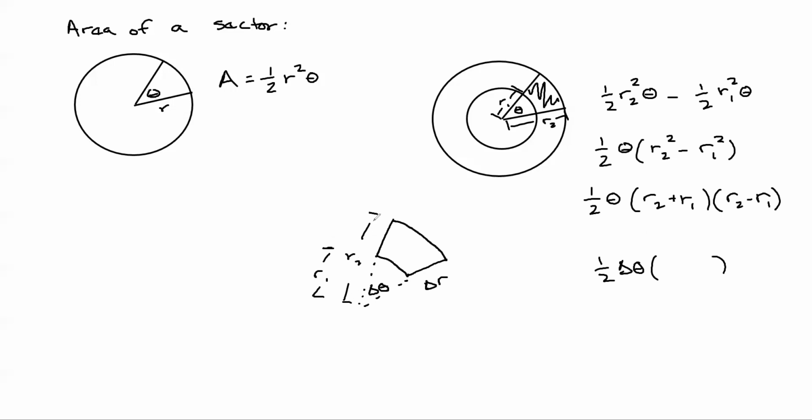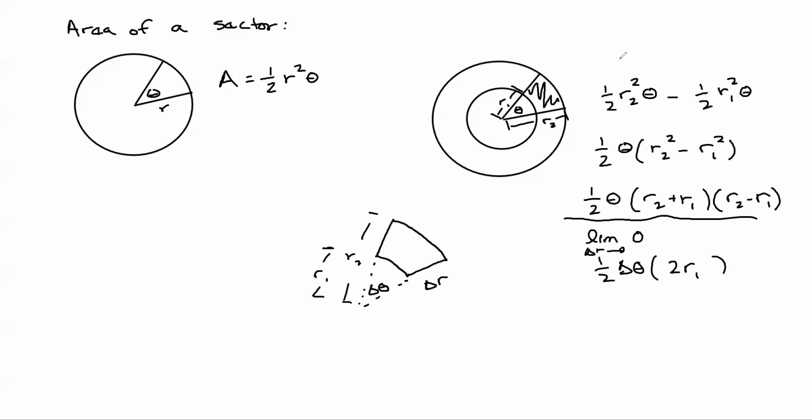If this is the big radius R2 and this is the little radius R1, and we take the limit as change in R goes to 0, gets infinitesimally small, then R2 is going to approach R1. So in effect we have R1 twice, and we can replace R2 plus R1 with R1 twice. That's only because we're going to end up taking the limit as change in R goes to 0.